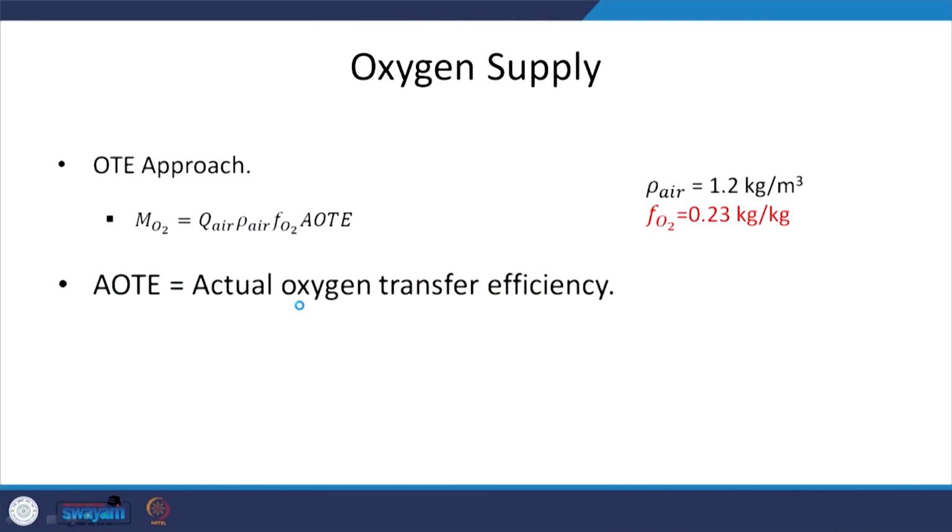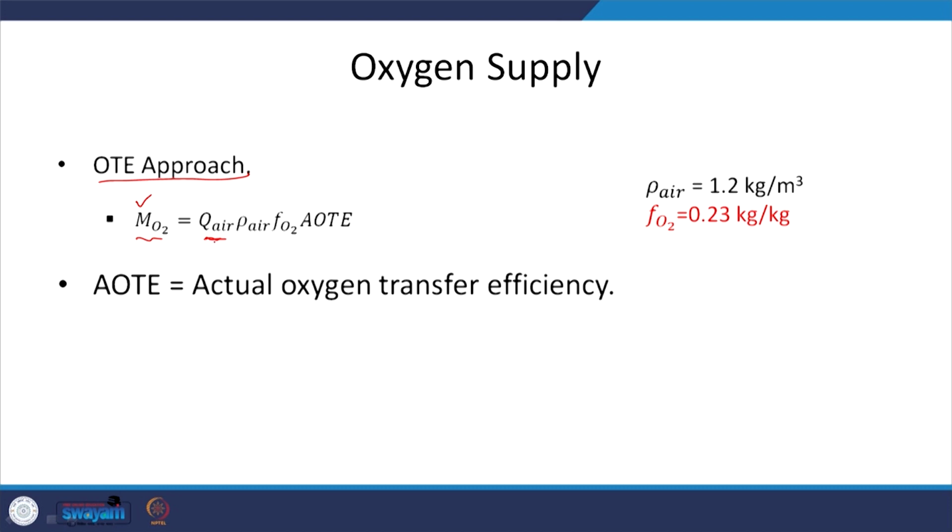So, what is the mass of oxygen? How can I calculate that? I know the airflow that is required. This I calculated from my fundamental approach, or I can calculate now. One aspect I need to mention is that earlier we looked at the fundamental approach. This is based on the oxygen transfer efficiency approach.